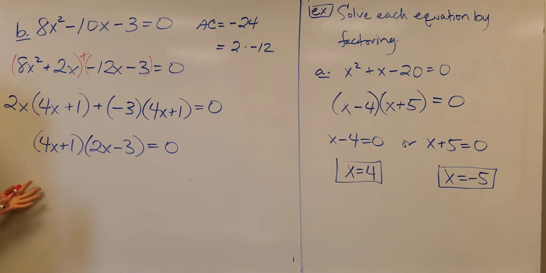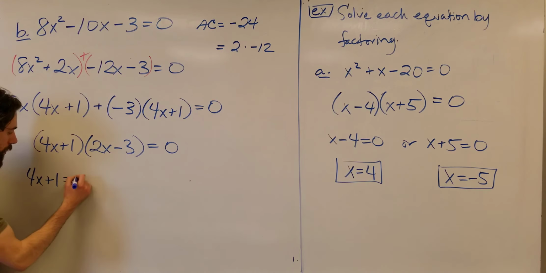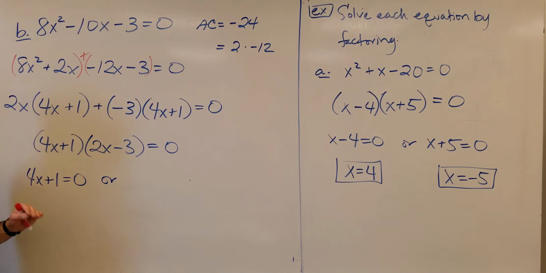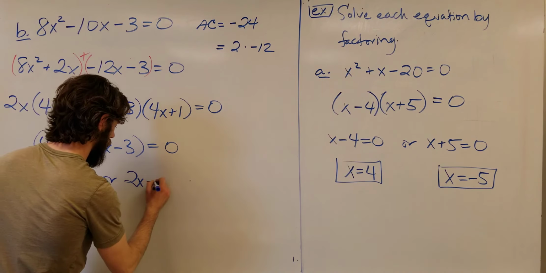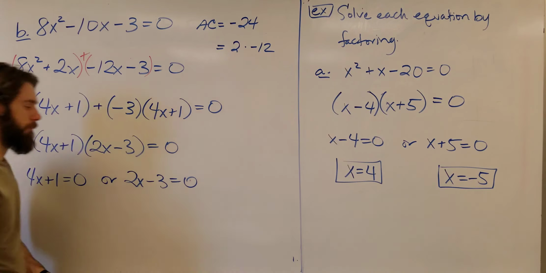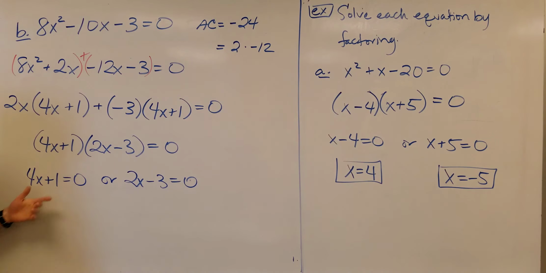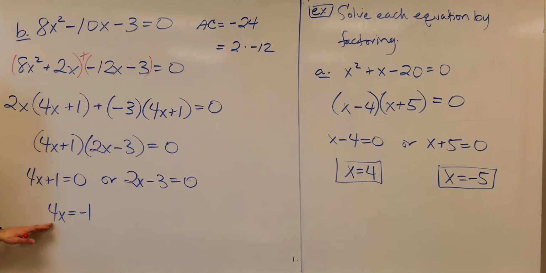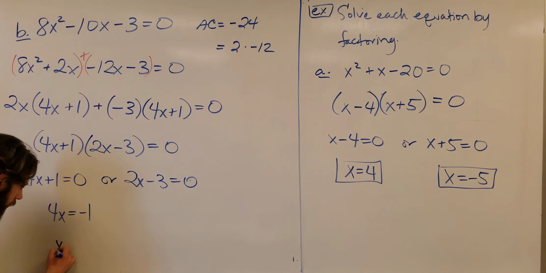Our first equation is 4x plus 1 equals 0, or 2x minus 3 equals 0. So those are our two equations. Now we have to do 2 steps to solve them. So subtract the 1: 4x equals negative 1, divide by 4.